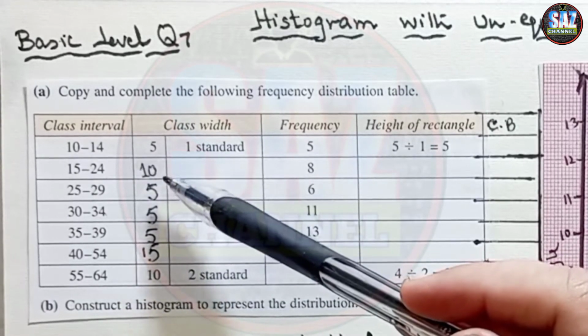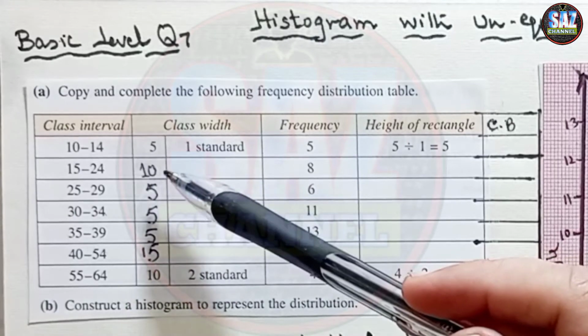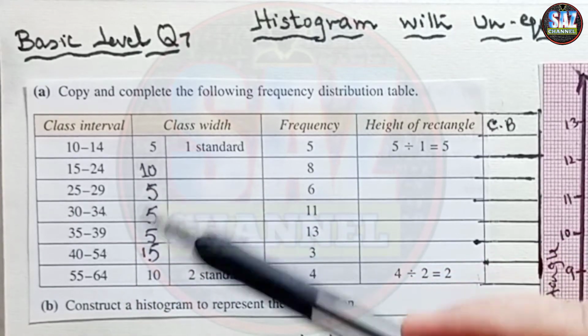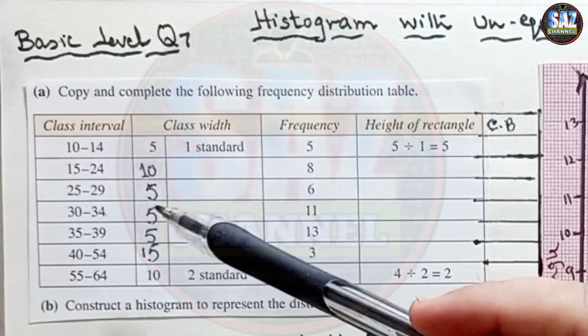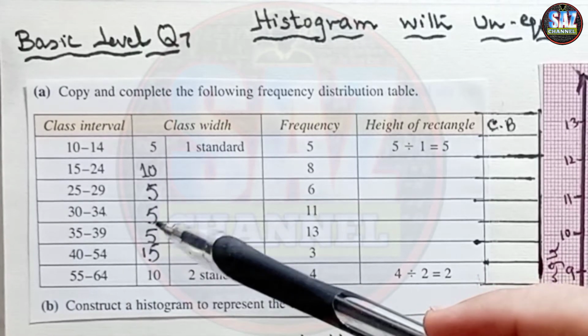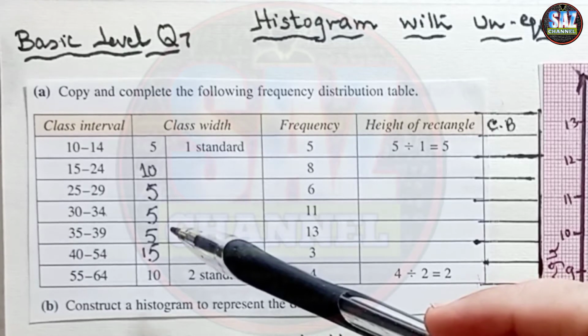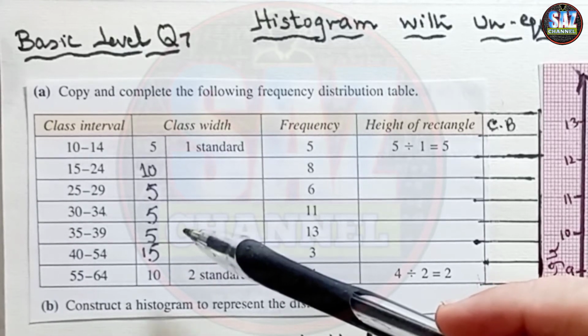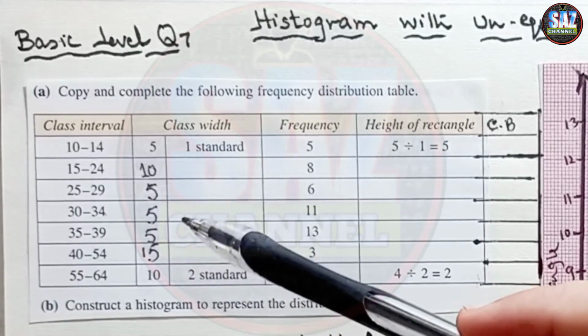That smallest width will be taken as a standard, that either 1 centimeter gap will be taken for that smallest class, or the examiner will be giving you some reference that for the smallest class you have to take the width of 1 centimeter or half centimeter.